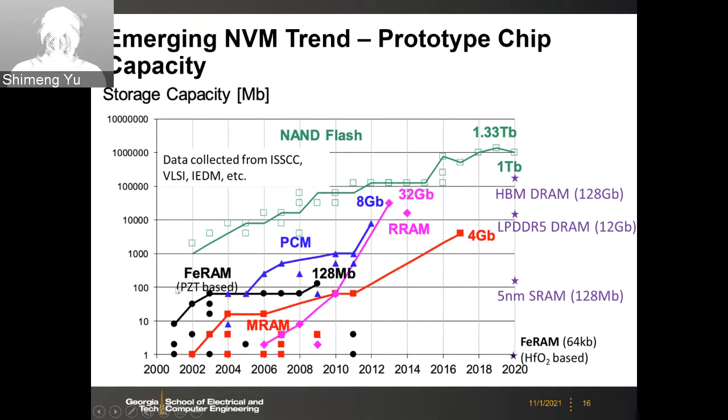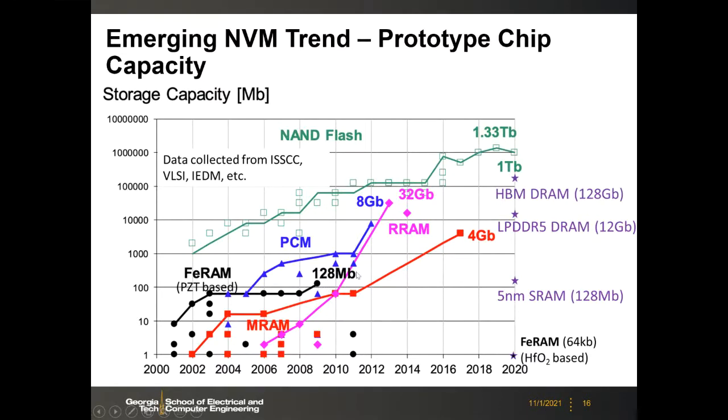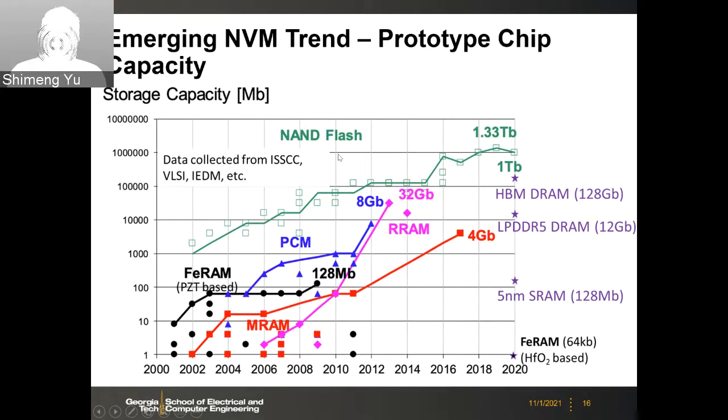And the FE-RAM, this is the first generation of FE-RAM, and the material is PZT based, and it's typically hundreds of megabits, and this one has a commercial product as well. So you see from the density point of view, they are lagging behind NAND flash.